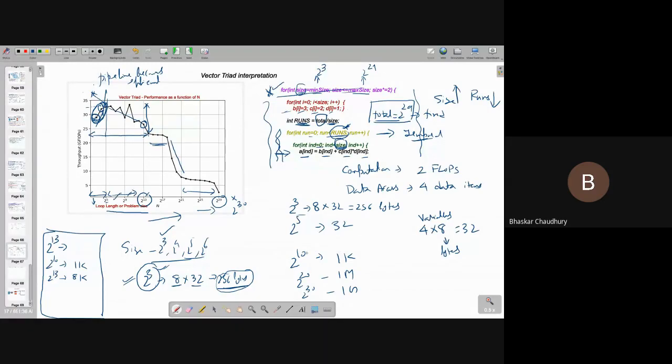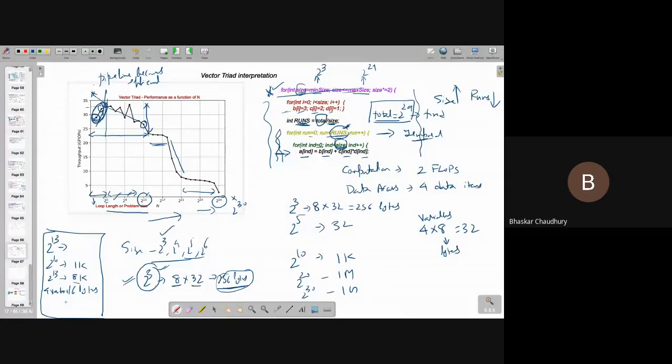If it is single precision, then I have 4 variables A, B, C, D. So 4 variables, I have 16 bytes if it is 4 bytes each. So then 2 to the power 13, it will be 8k into 16.